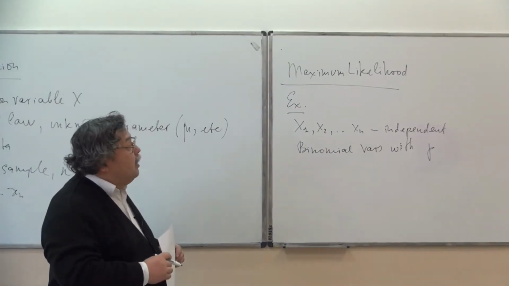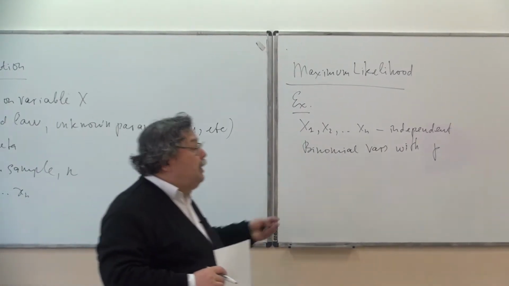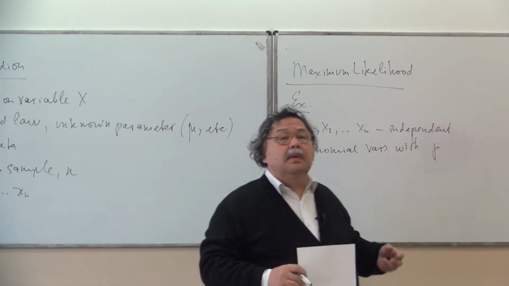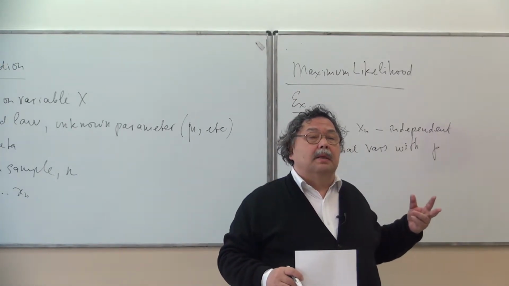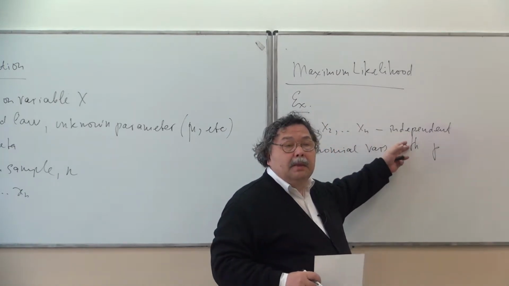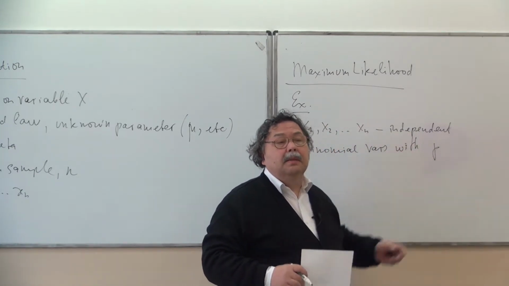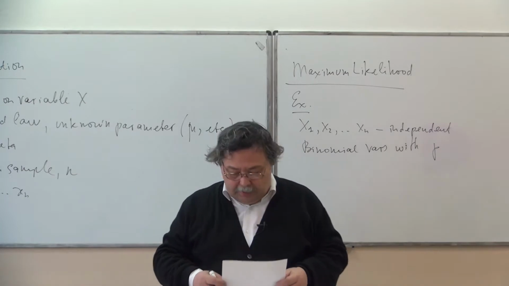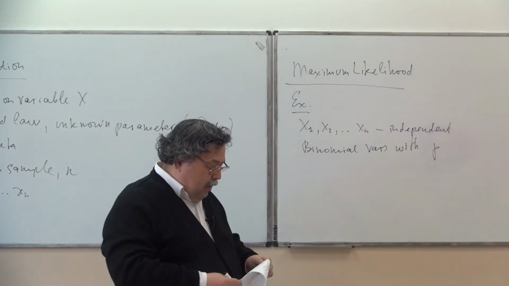We assume that the variables are all binomial and independent and have the same p, but the value of p is unknown. All right.